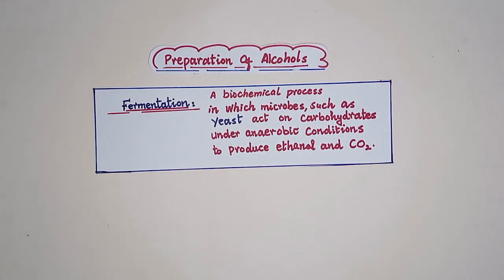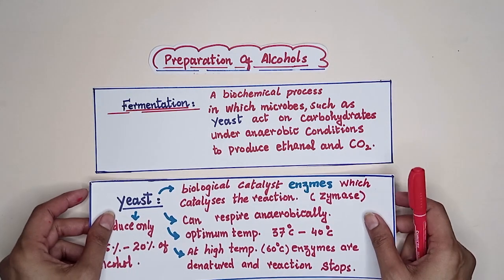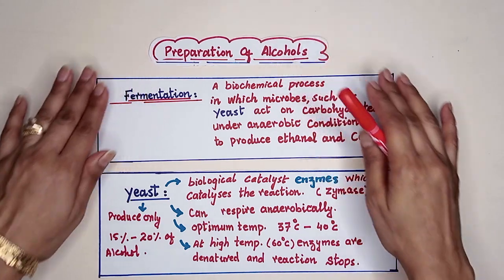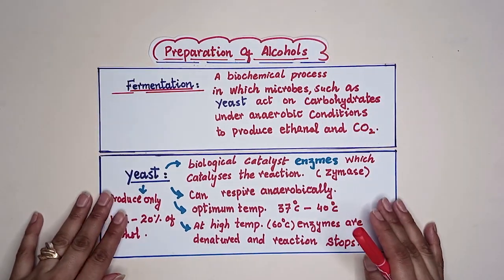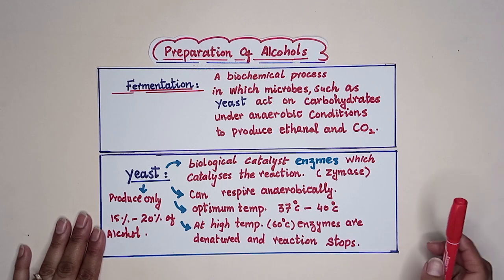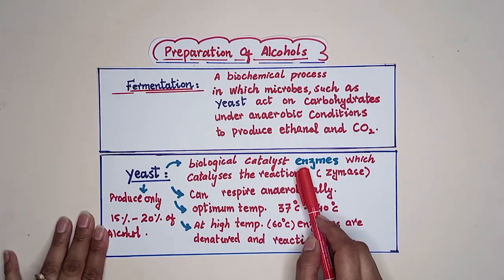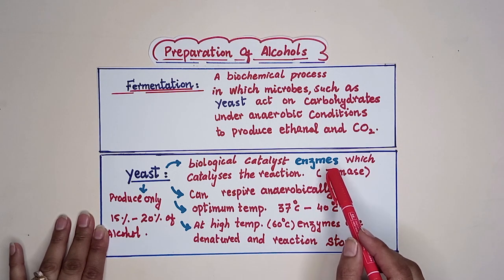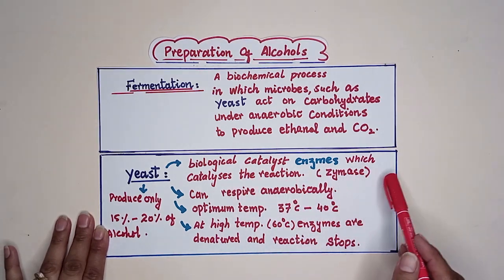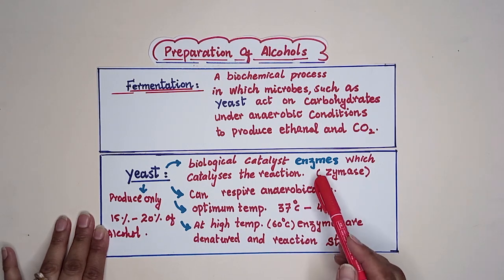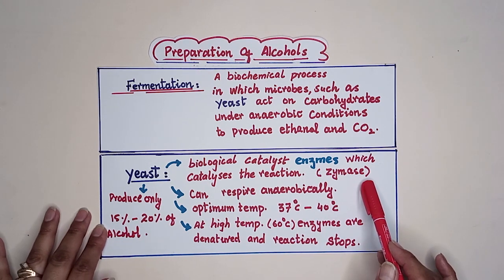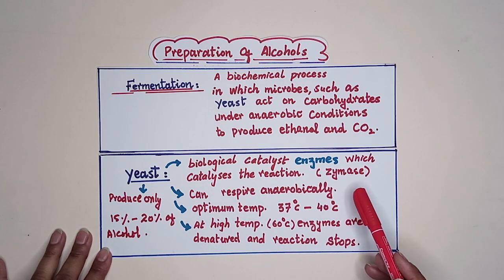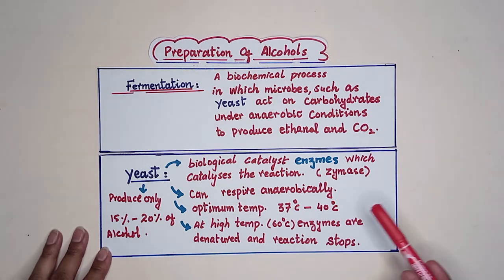Now, what does yeast do? Yeast is a biological catalyst, meaning enzymes which speed up chemical reactions. The enzyme which yeast has is named zymase. Yeast can respire anaerobically, meaning it can respire in the absence of oxygen.